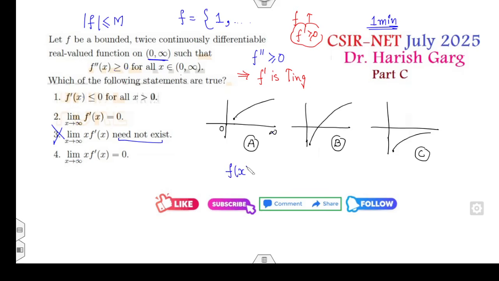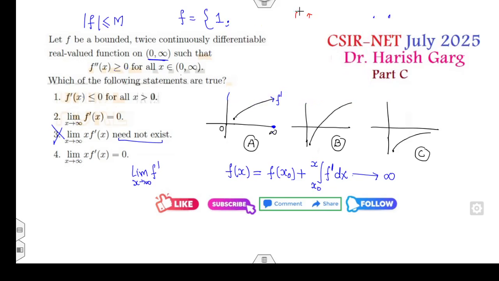We all know the relation between f(x) at x naught plus (x minus x naught) into f dash. That is what the limit is. Now let's check the limit for this case. Assume that the first case occurs. That means whenever x approaches infinity, f dash is positive. Whenever f dash is positive, this quantity, as x approaches infinity, goes to infinity. Because you can write it like this as well.